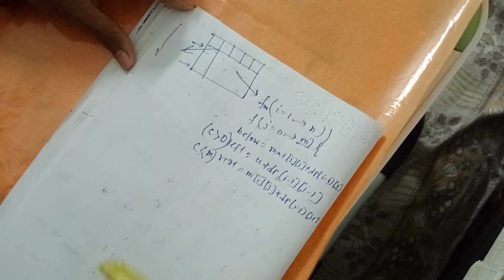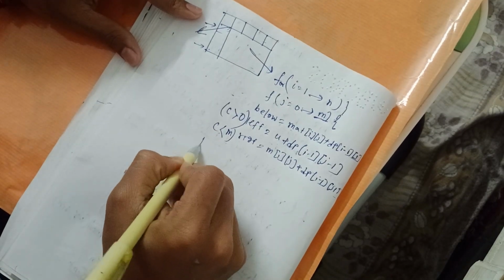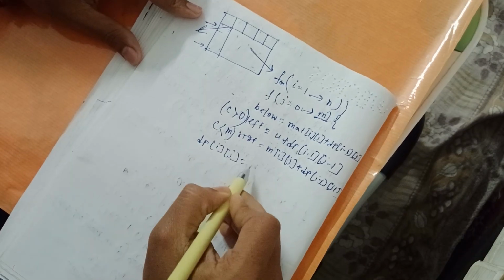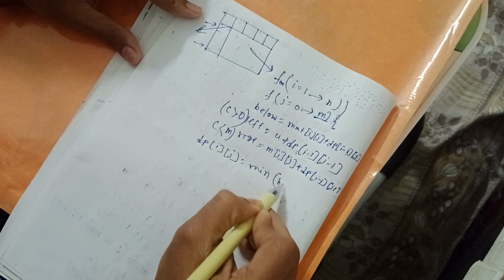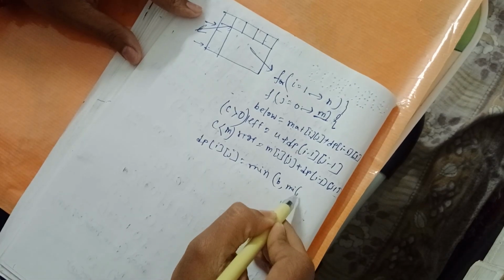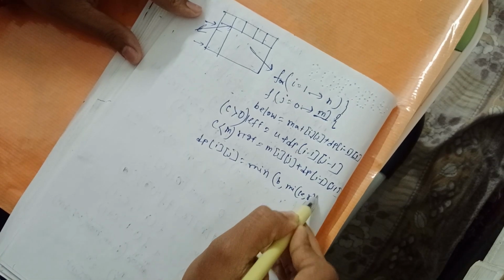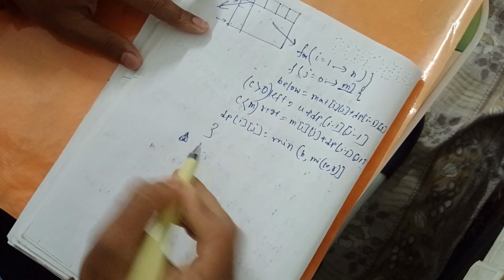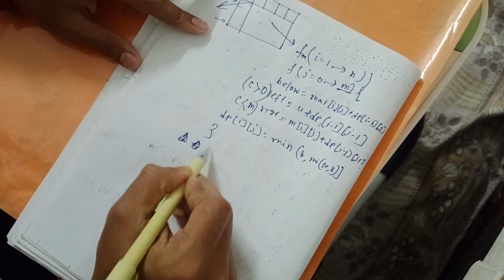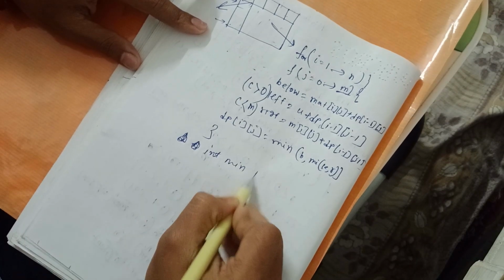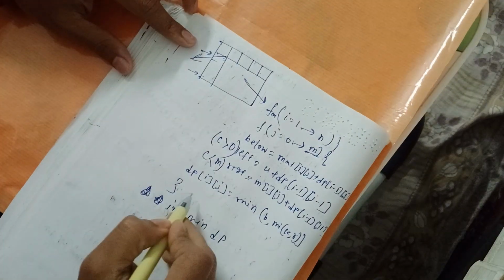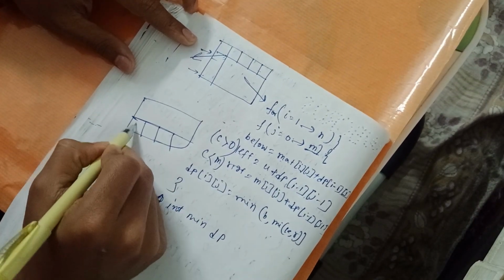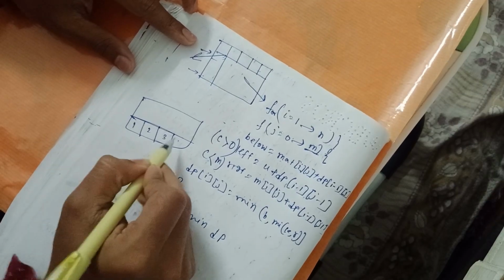Okay, and finally you write dp of i j equal to the minimum of below, left and right. And lastly you assume int mini equal to my dp, because in the end you see that my last row is full of values. Okay, here 1 2 3, here 0.